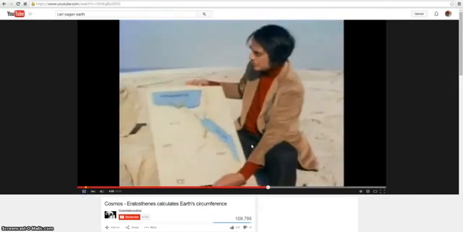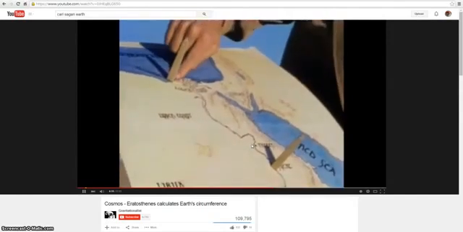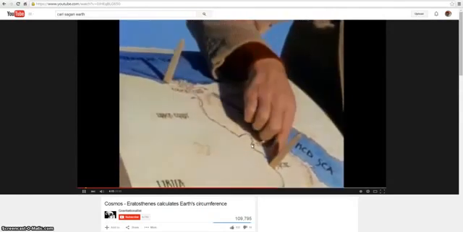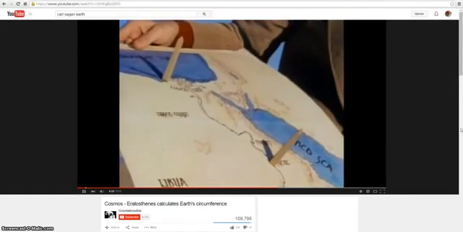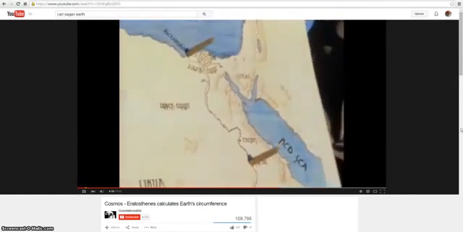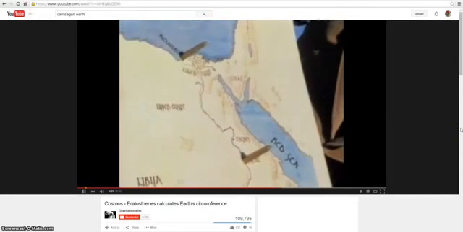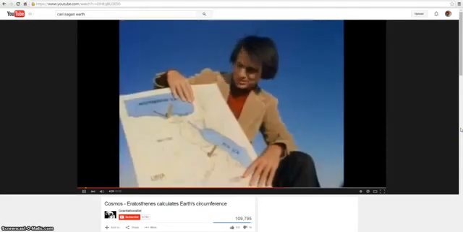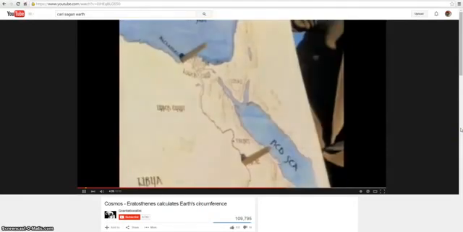Here's Carl Sagan. Here's a map of ancient Egypt. I've inserted two sticks or obelisks, one up here in Alexandria and one down here in Syene. I wonder how he measured that. If at a certain moment each stick casts no shadow, right? No shadow at all, that's perfectly easy to understand, provided the Earth is flat.